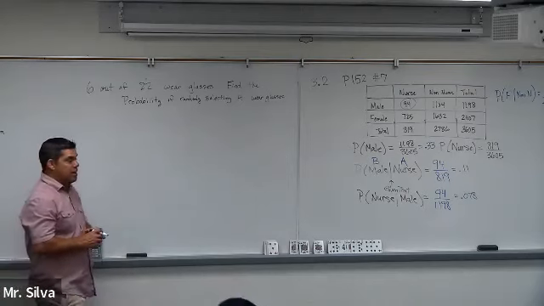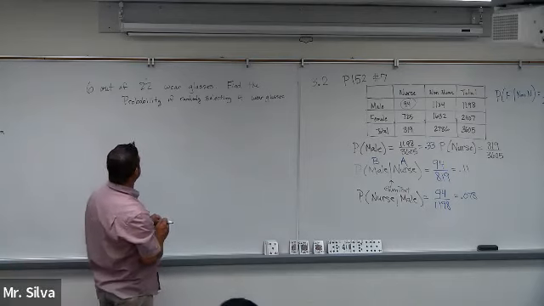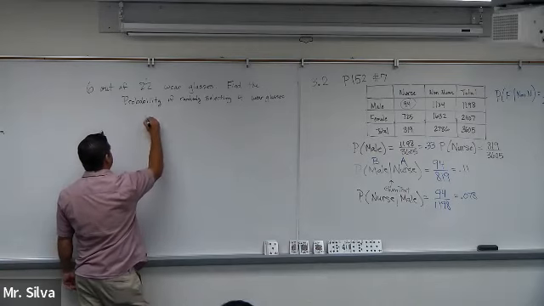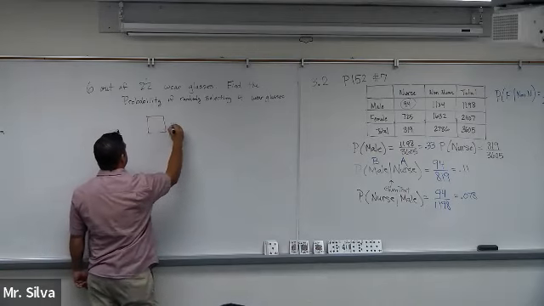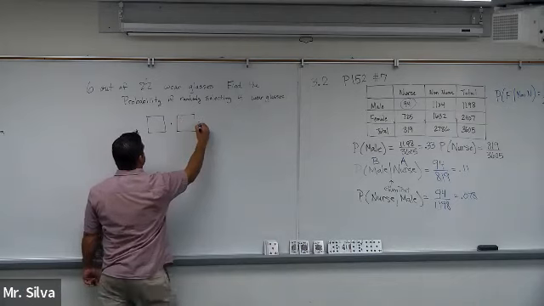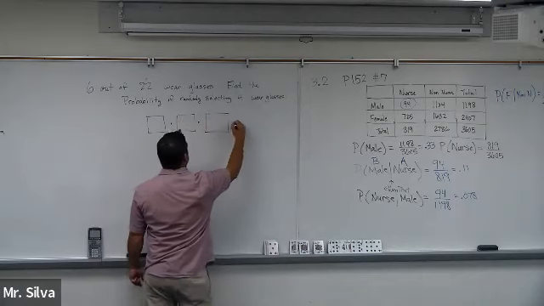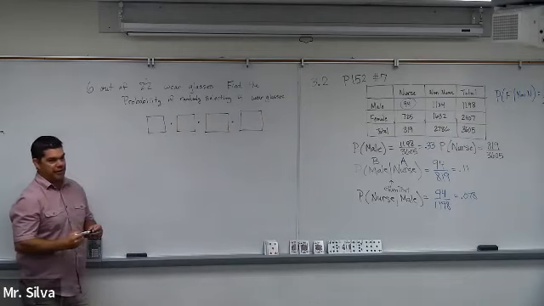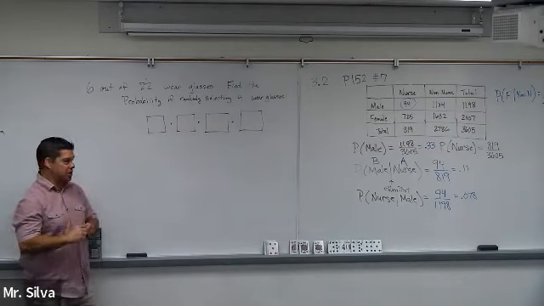Okay. So I have 4 people. I'm going to use the multiplication rule. Find the probability that 4 random strangers actually wear glasses.